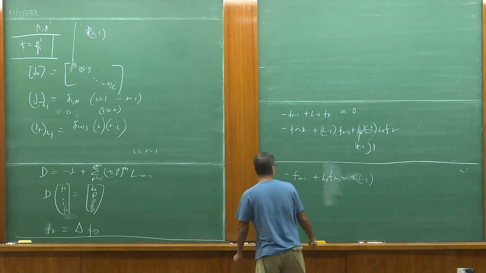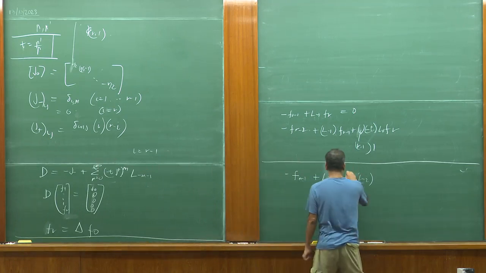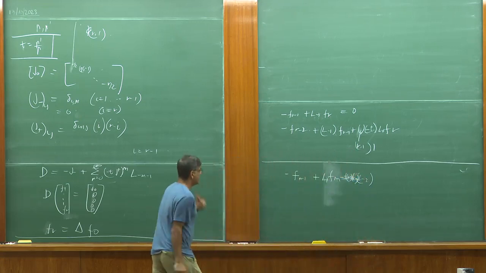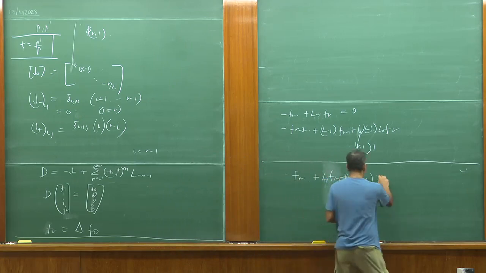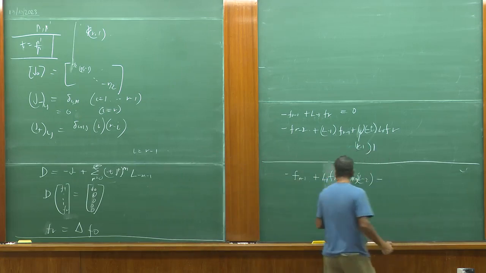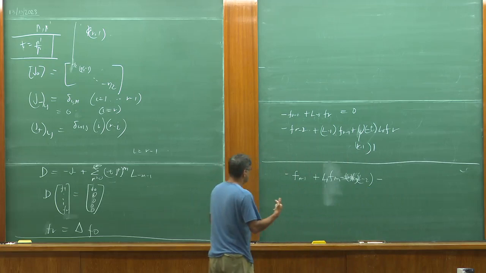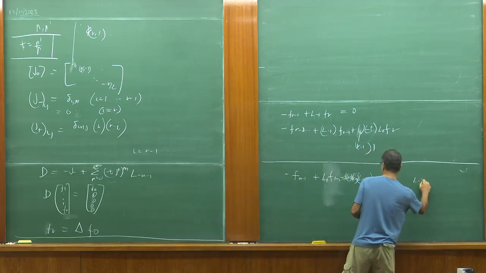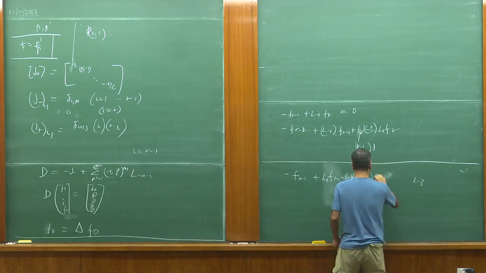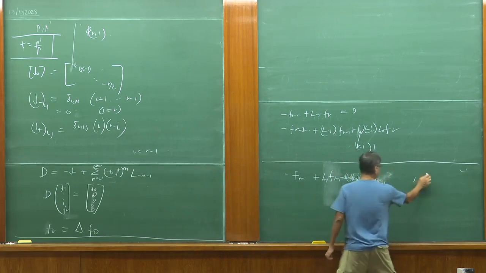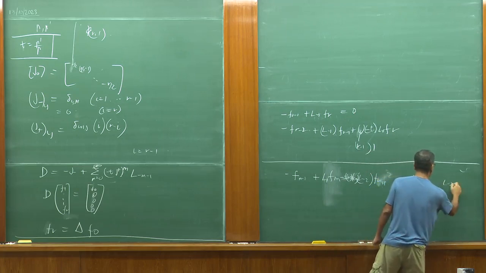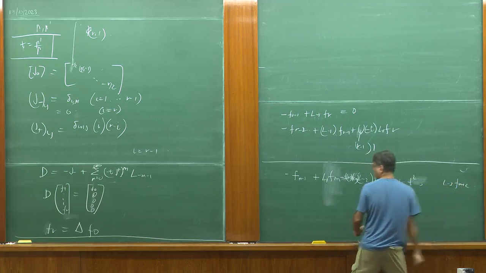So we get m into r minus m. So minus t to m into r minus m. Okay, then the next term will be what? Yeah, so in the next term we'll get plus t squared into L minus 3 fm plus 2.